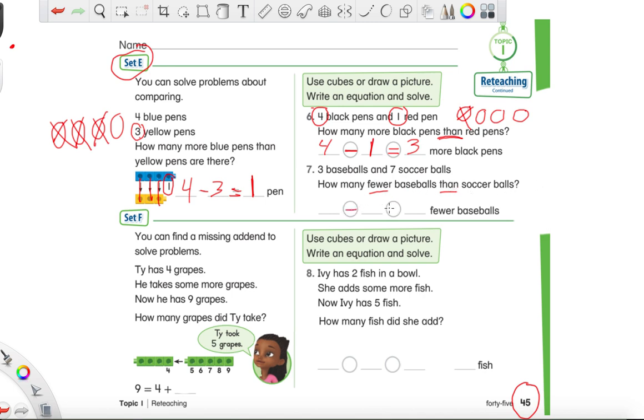So we need our minus sign, we need our equal sign. Go ahead and solve. Oh, I forgot to circle these for you. 3 and 7. They give us these 2 numbers, so we must absolutely use them. Just keep in mind, think about which number goes first when we subtract.